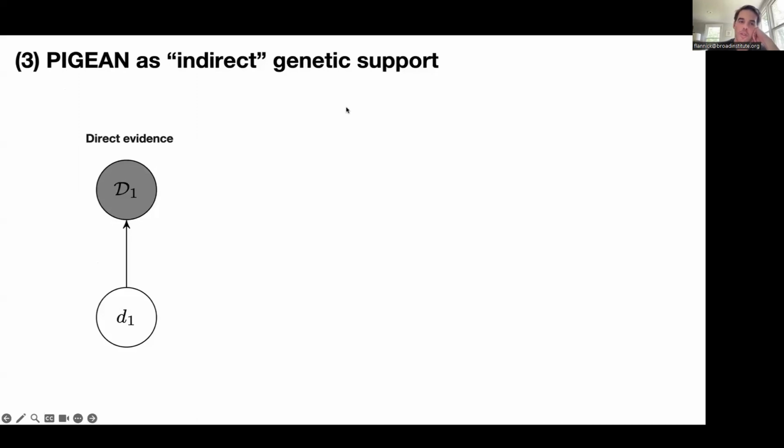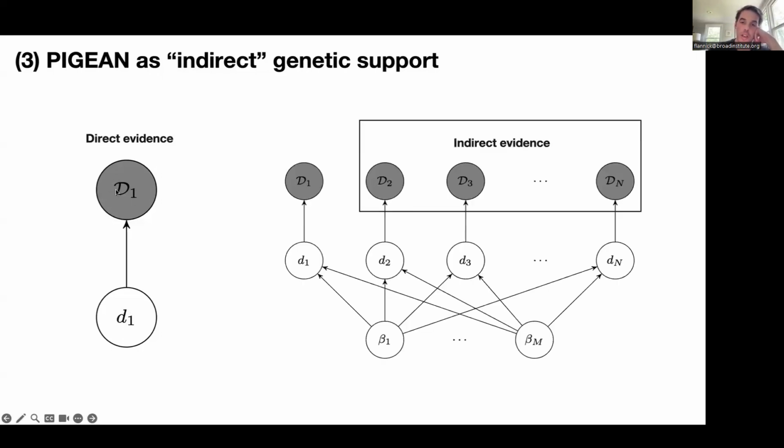And then as the coolest interpretation, you can think of this as the indirect half of genetic support. So again, what we have today is support for a gene given directly the associations observed for it. That's gene 1, given just its observed associations. The other gene associations in the genome can also support that gene if the associated other genes share gene sets with that gene.